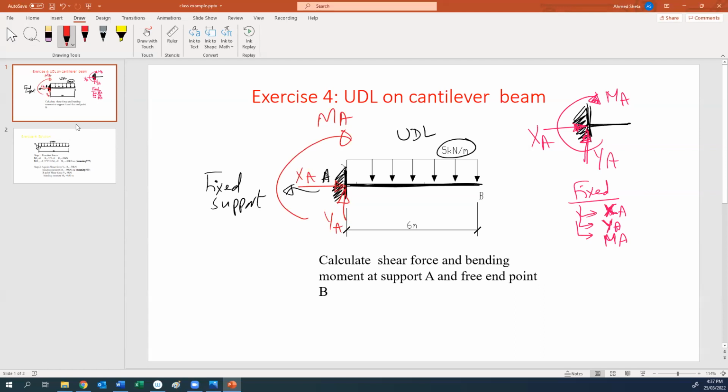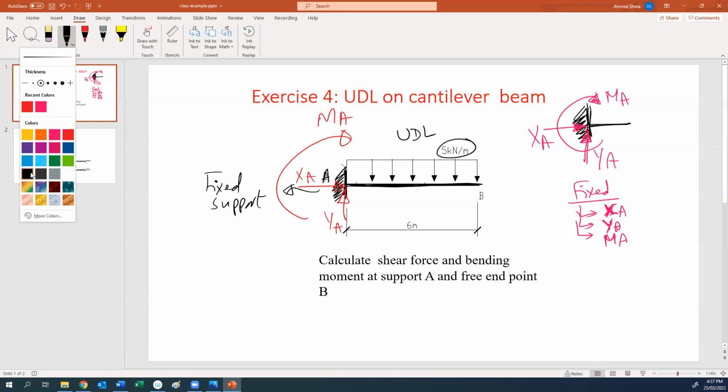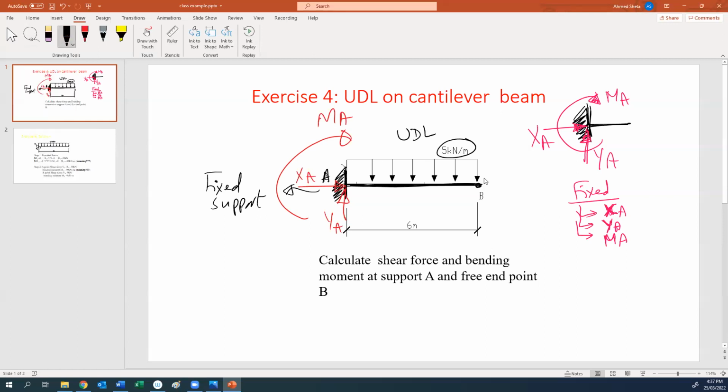Okay, another thing you need to know for this type of beam: the other end should be free. If you have a look here, is there any support at B? This is A and this is B. B should be free. So if we have a fixed support at one end, the other end should be free.